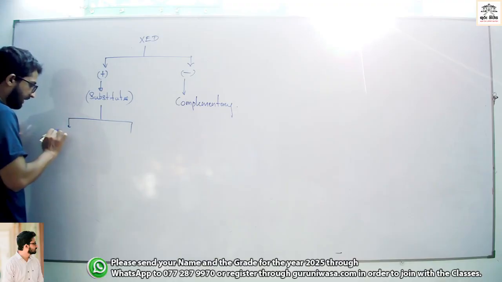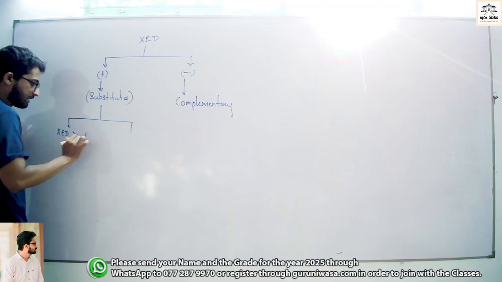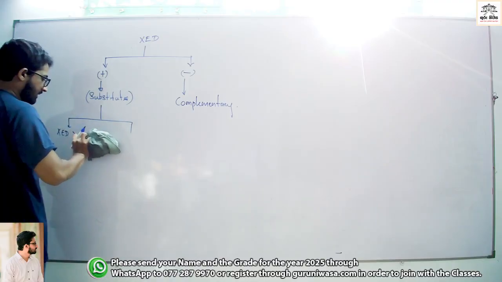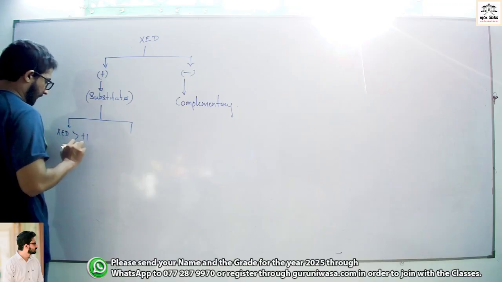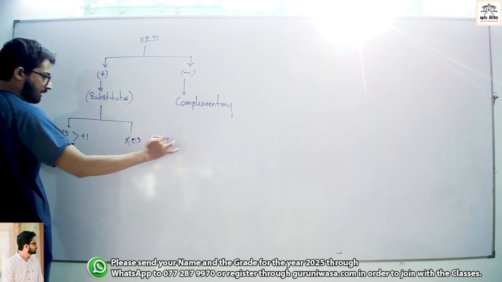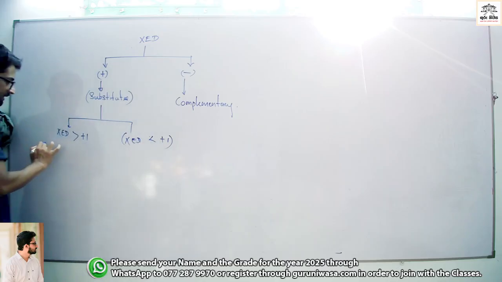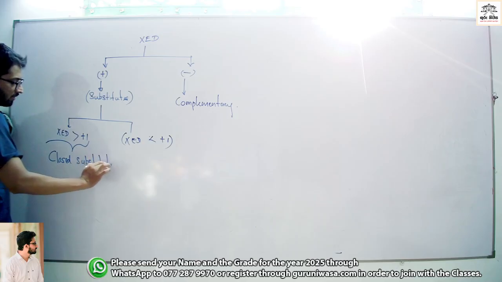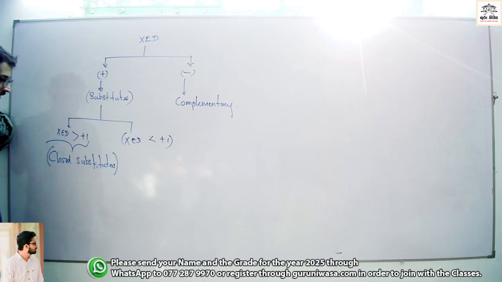Again, there are two parts. If XCD is a positive value, one case is XCD more than plus 1, the other is XCD less than plus 1. If it is more than plus 1, the products are called close substitutes, like tea and coffee.